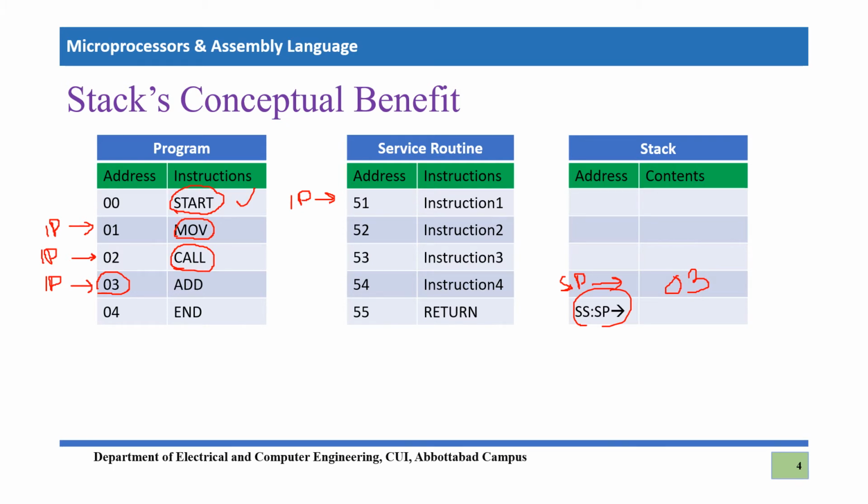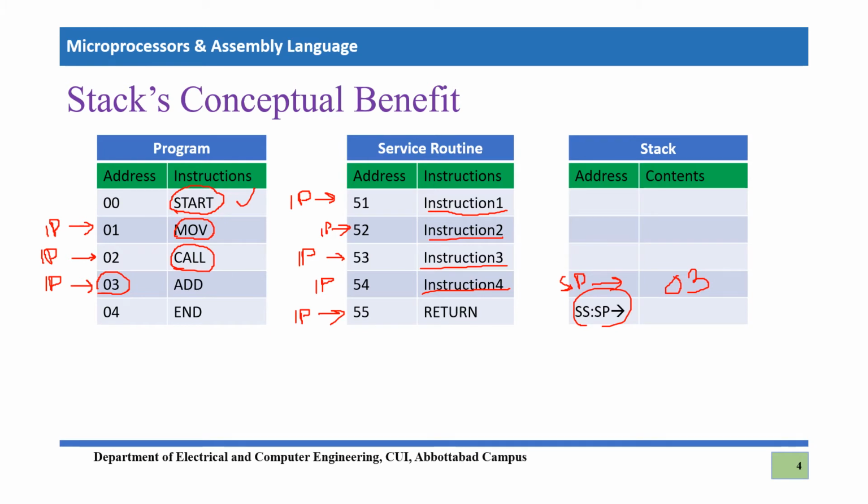While this instruction is going to execute, IP will point to the next instruction, and when that executes, IP will switch to the following instruction, and similarly, until the return instruction is pointed to by IP.